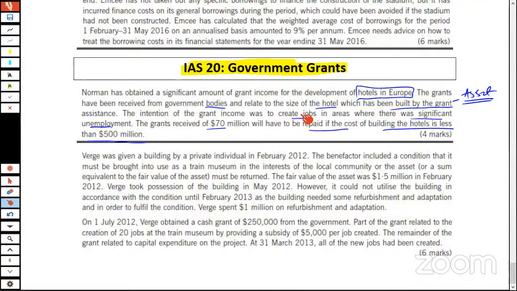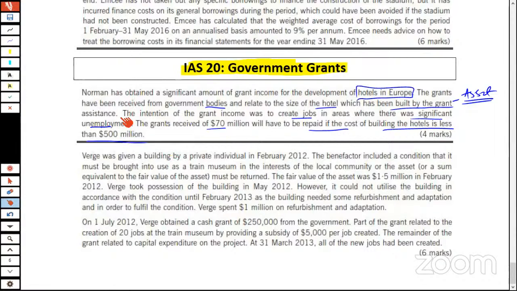No, it's not an income related grant. It's an asset related grant. Why? Because it's being provided for the building up of the asset, for the building up of this hotel. The grants received of $70 million will have to be repaid if the cost of the building hotels is less than $500 million.